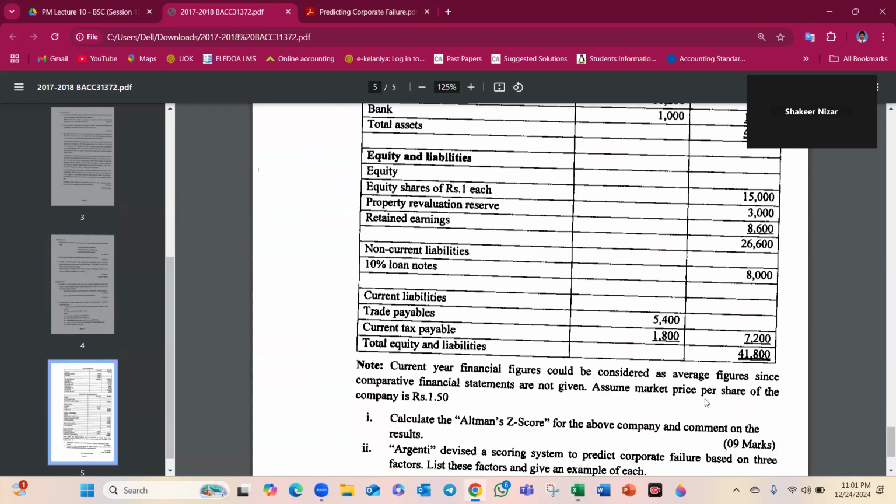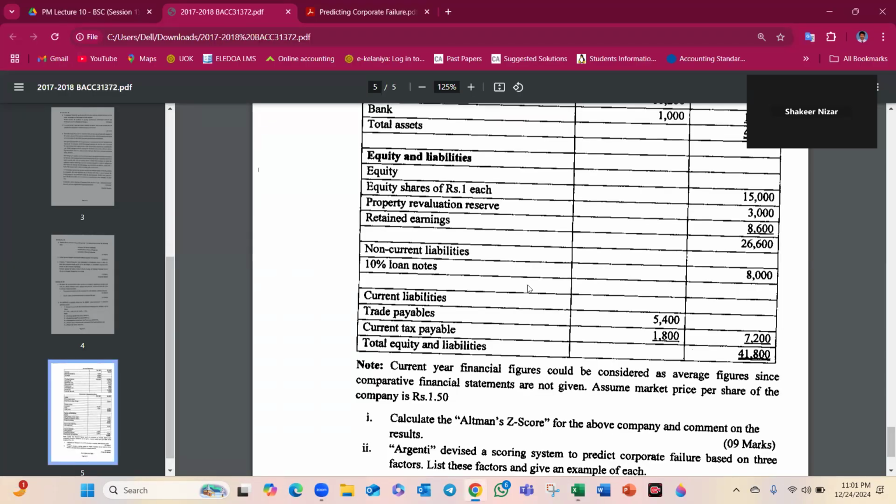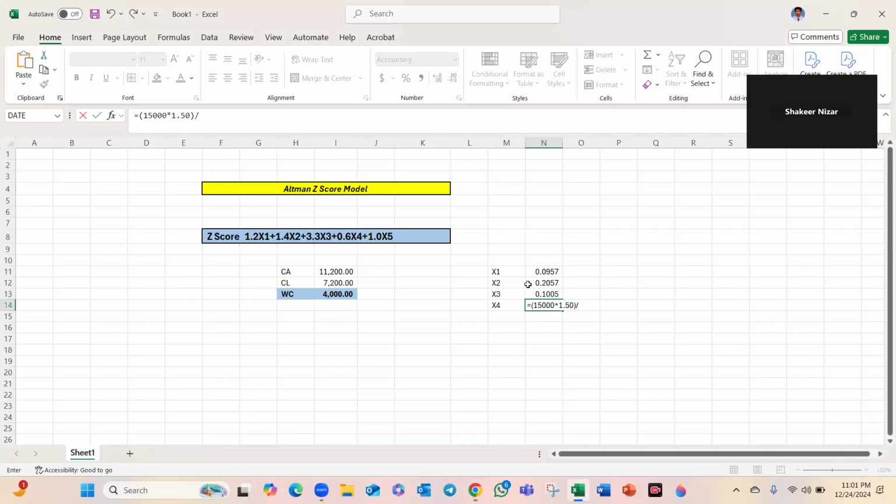Market value per share is 1.50 multiplied by the number of shares, 15,000, divided by total liabilities, which is current liabilities plus the loan note, 7,200 plus 8,000, not 800. Yes, it's correct, right? Okay, cool.